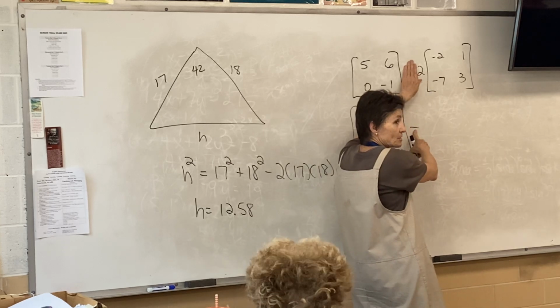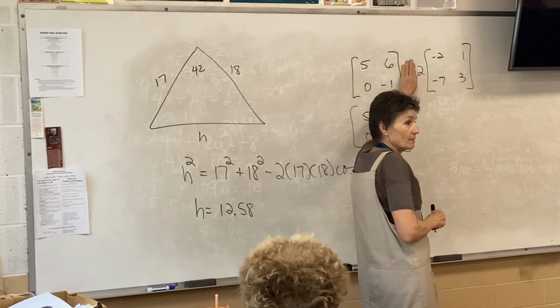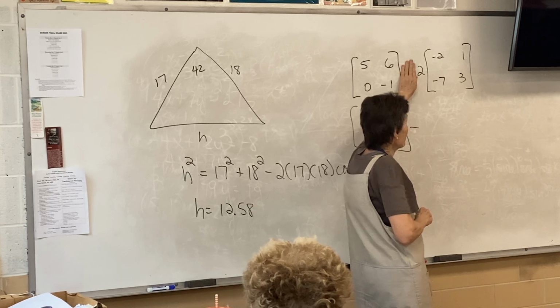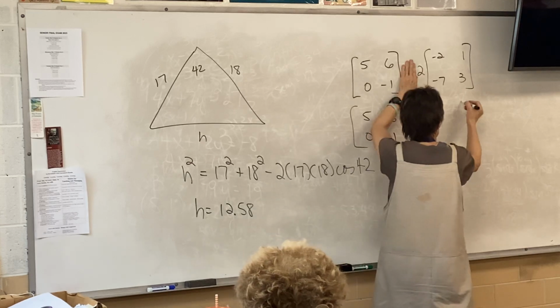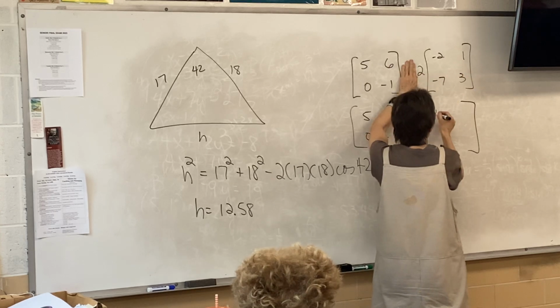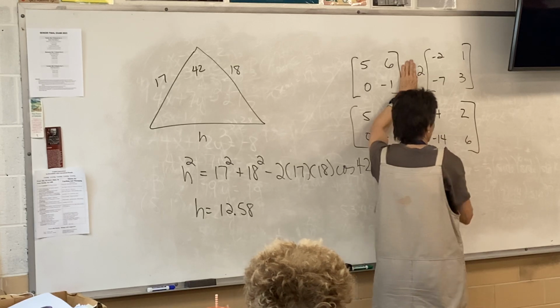See that minus right there? I wrote that down, so I'm covering that up now so it's not going to confuse me. Down here I'm subtracting. Now, what am I subtracting? 2 times all that. So that's going to be -4, 2, -14, 6.